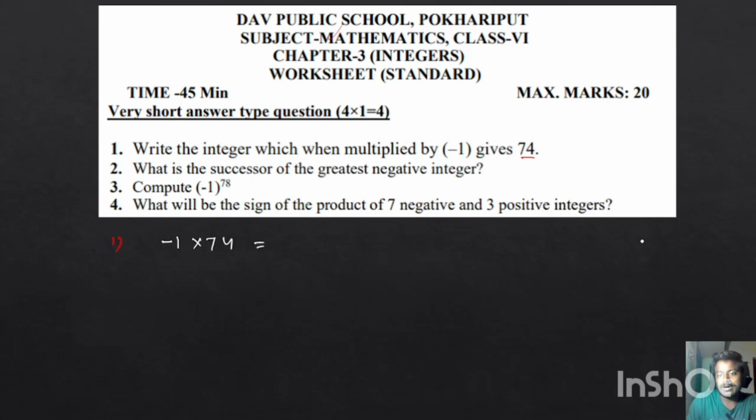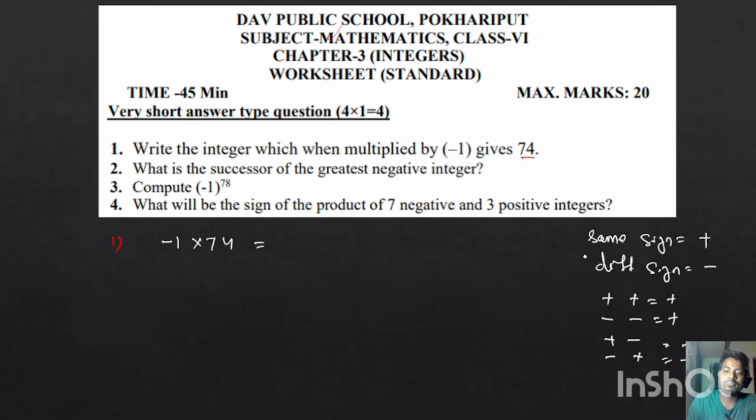We know that in multiplication, same sign is equal to plus, and different sign is equal to minus. Plus plus equals plus, minus minus equals plus, but plus minus and minus plus is equal to minus. Here is a different sign, so minus 74.